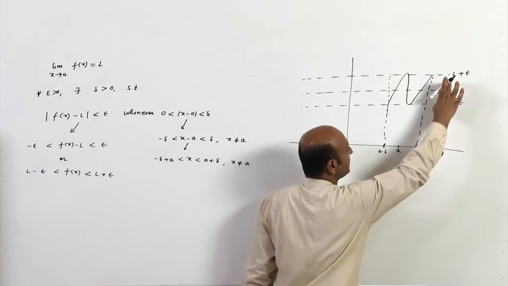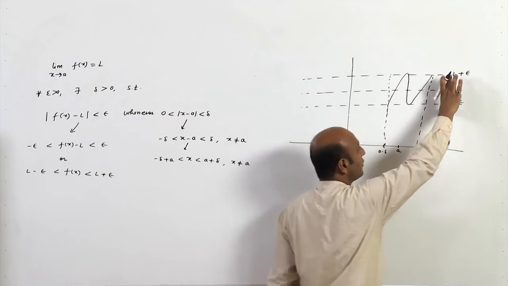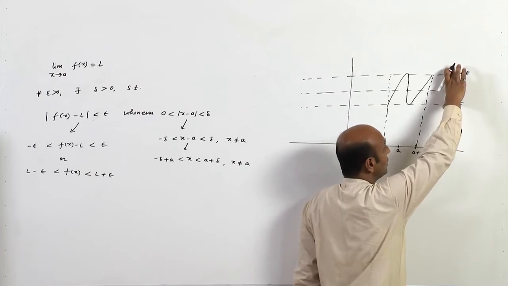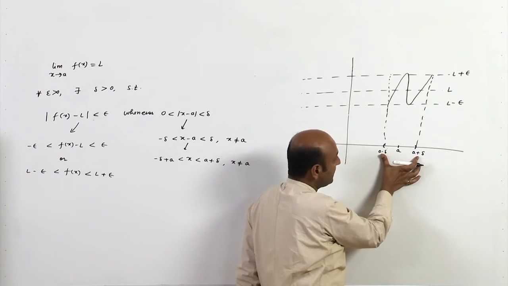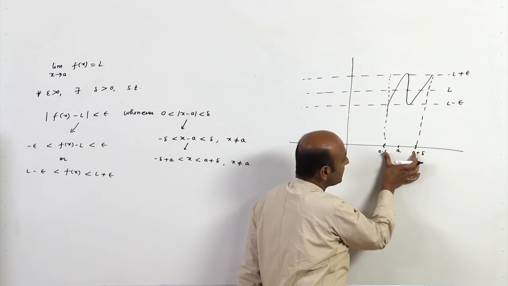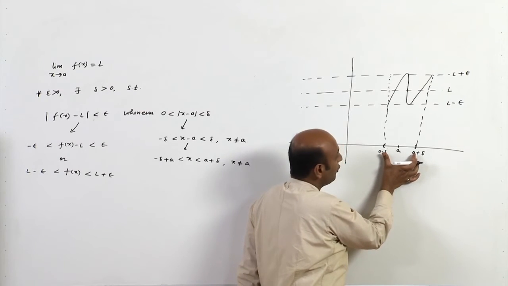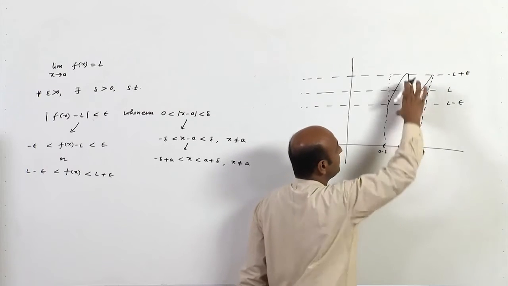Means you take any epsilon greater than 0, no matter how small or large, there will always exist a corresponding delta such that the image of all those x lying in this interval will always be contained in this band.